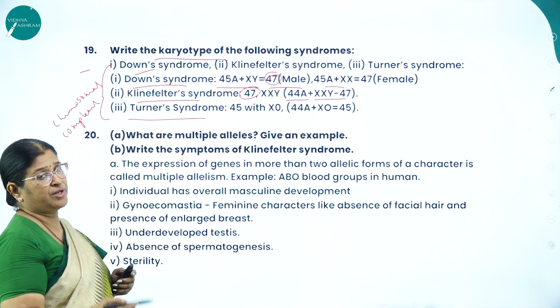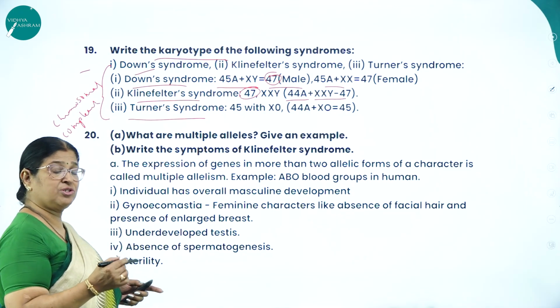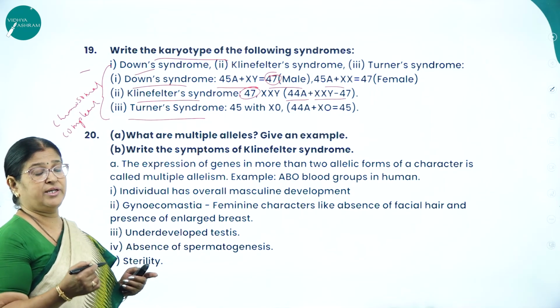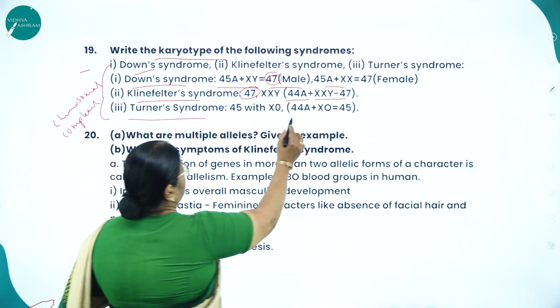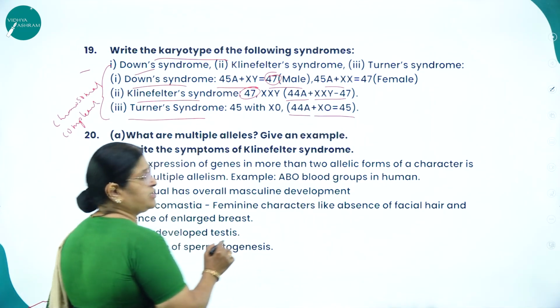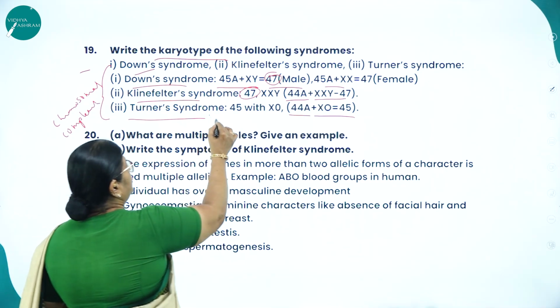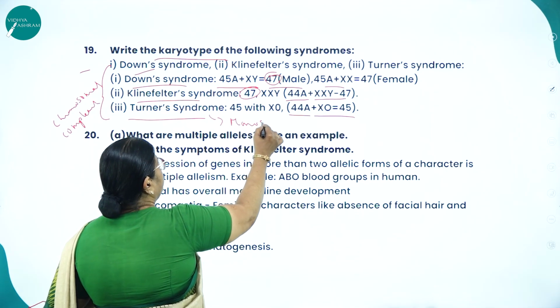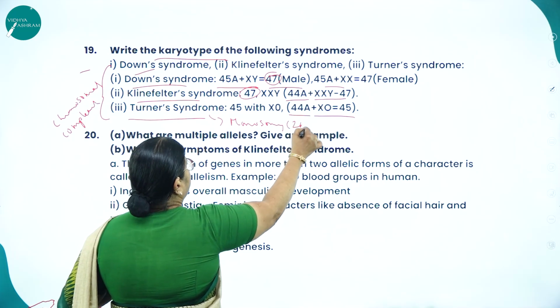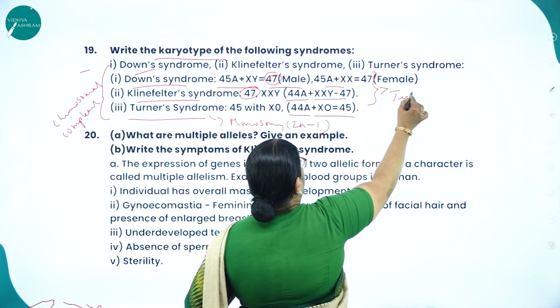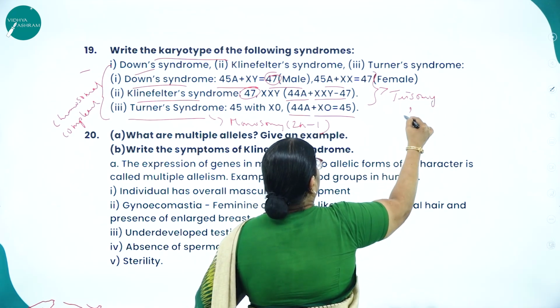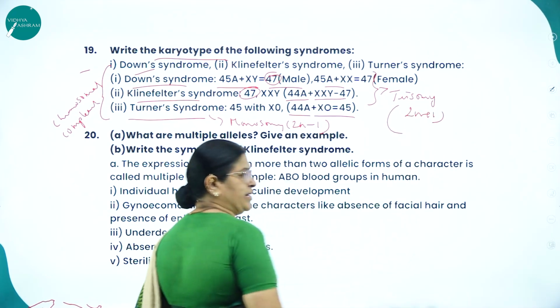Klinefelter syndrome is also an allosomal disorder, whereas Down syndrome is an autosomal disorder, also called 21st trisomy. With XO, that is 44A plus XO, that is 45. This is due to monosomy, that is 2n minus 1, and these two are due to trisomy, that is 2n plus 1.